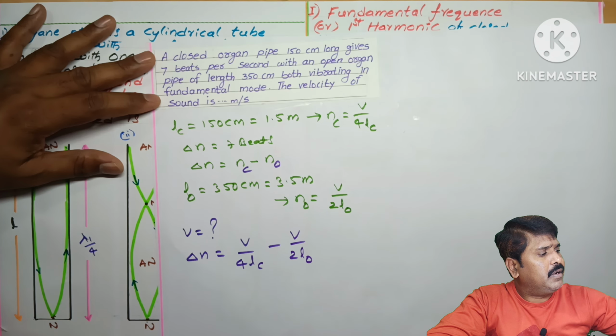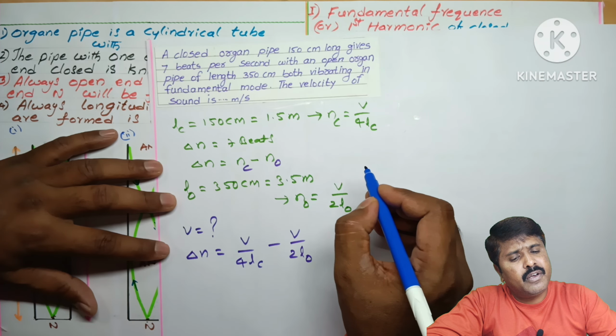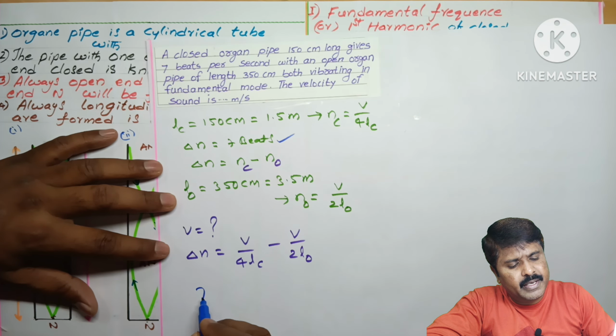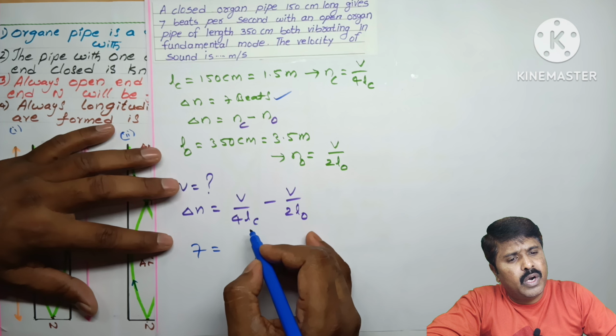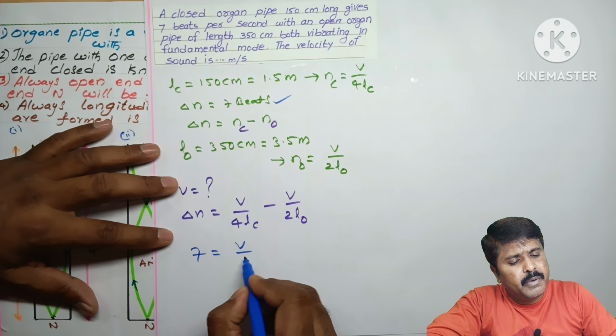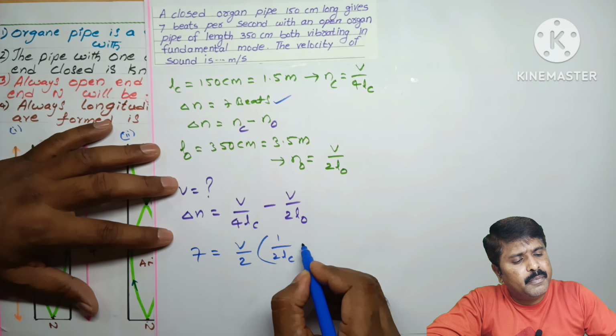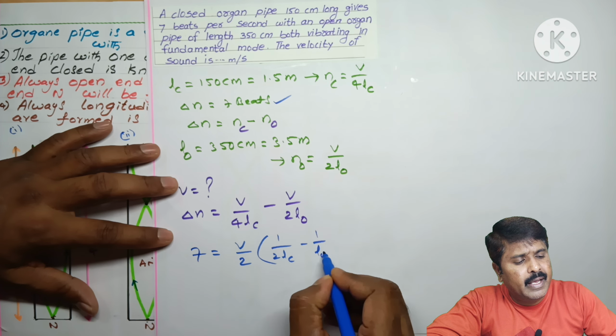So that is the continuation step. Delta N is given in the question as 7 beats. So 7 is equal to, V common, V by 2, so that is 1 divided by 2LC minus 1 divided by L0.